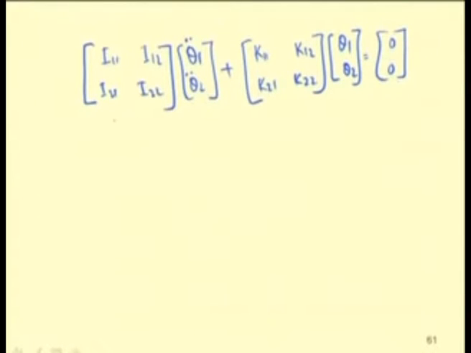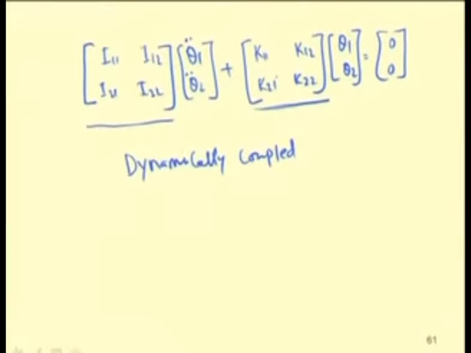So, in this case, this is the mass matrix or inertia matrix and this is the stiffness matrix. If the mass matrix is coupled, that means these non-diagonal elements are present, then the system is known to be a dynamically coupled system. But if the stiffness matrix is coupled, that is the off diagonal terms are present, then the system is known to be statically coupled.